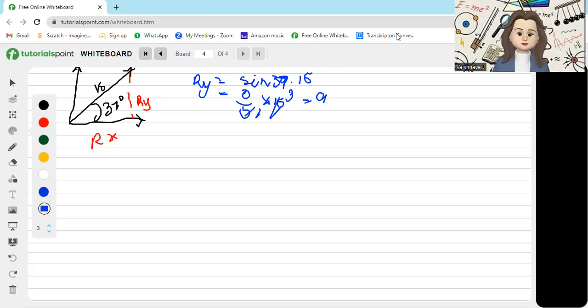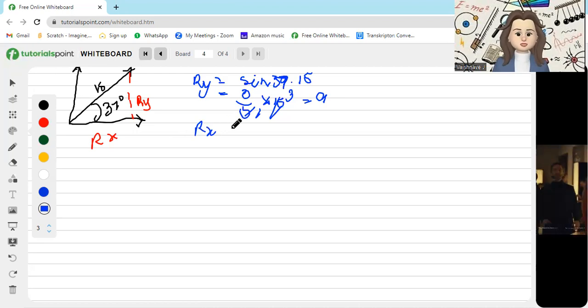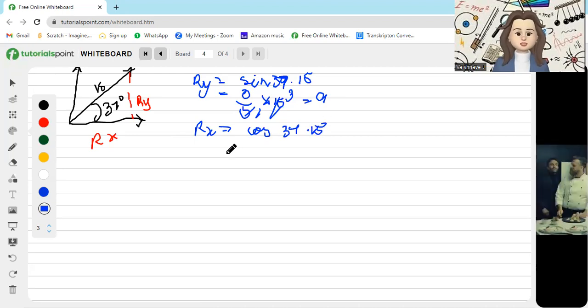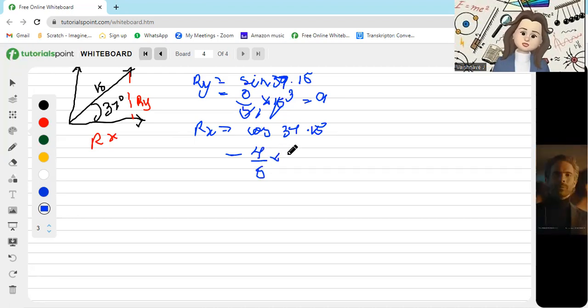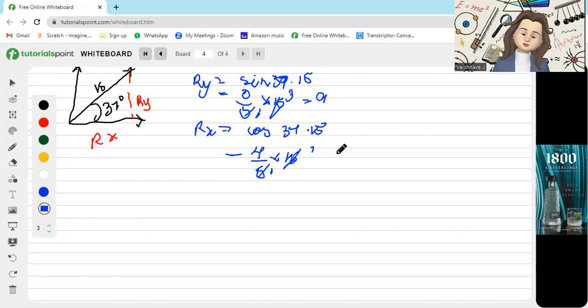Then rx is equal to cos 37 into 15. Cos 37 here is 4 by 5. 4 by 5 into 15: 5 ones are 5, 4 threes are 12.